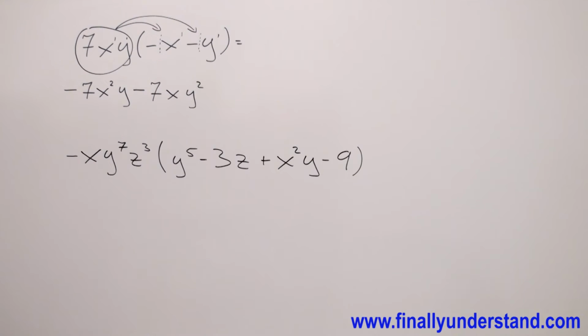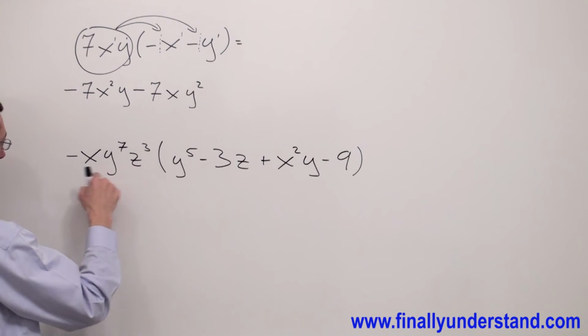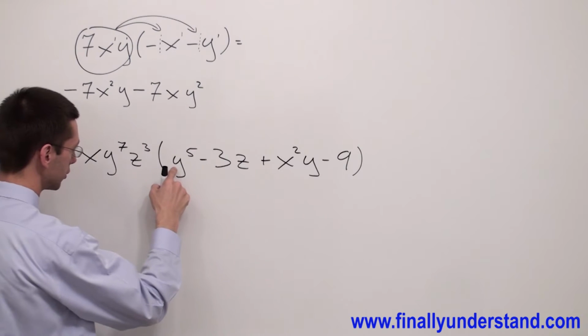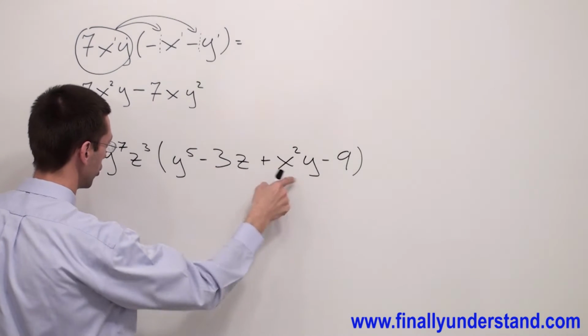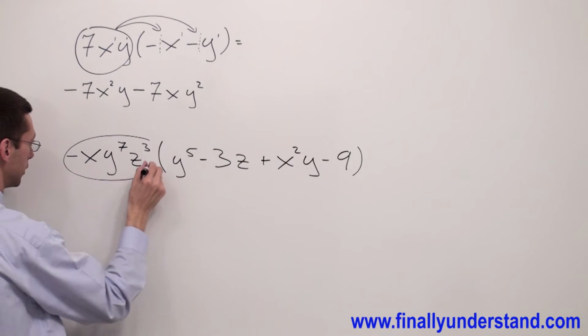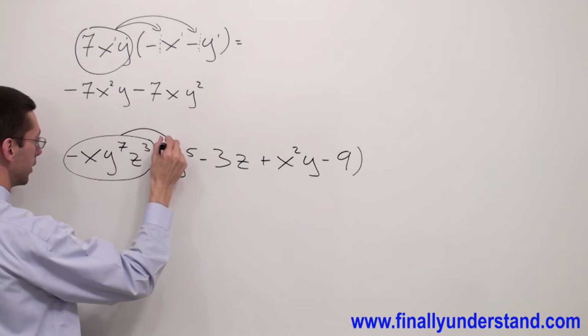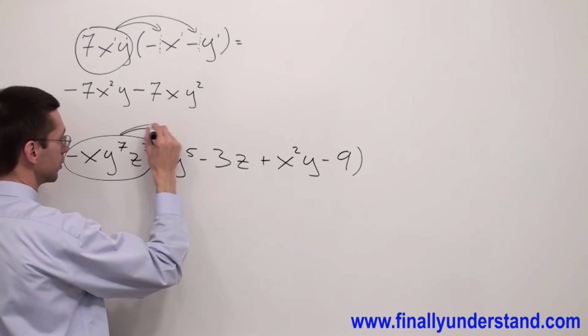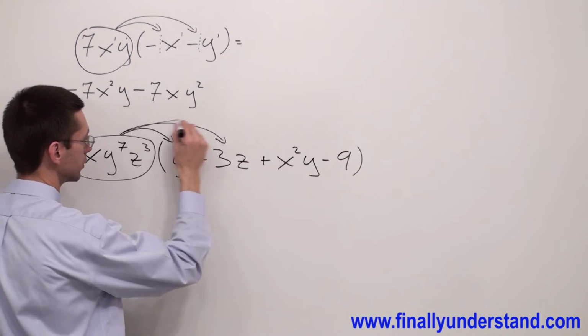Let's take a look at the second example. This time we're supposed to multiply this monomial by every single term of this polynomial. Okay, I have to multiply this term by every single term inside of the parentheses.